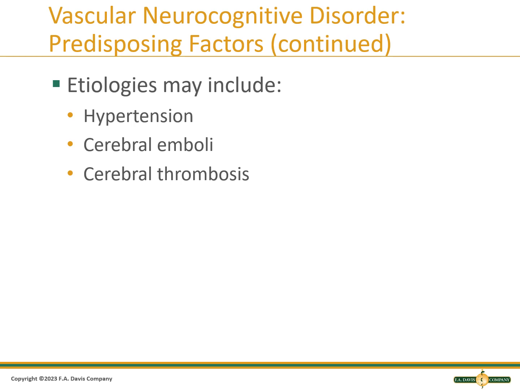Causes of vascular neurocognitive disorder are directly related to interruptions in blood flow to the brain. Symptoms result because of death of nerve cells in the regions that don't get enough blood flow. Hypertension can damage the lining of blood vessels and can cause small hemorrhaging in the brain.